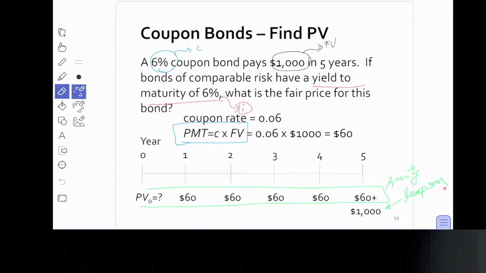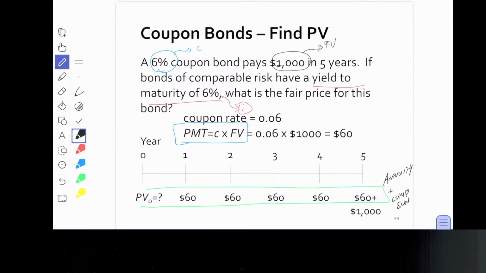I'm going to use a different color because people can't see that. So there are two parts, and that means there's two parts to the formula.